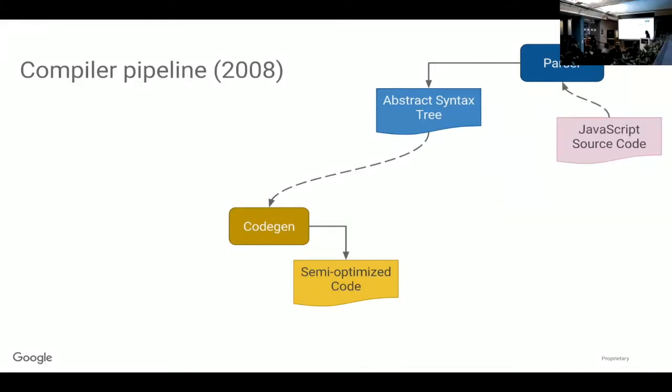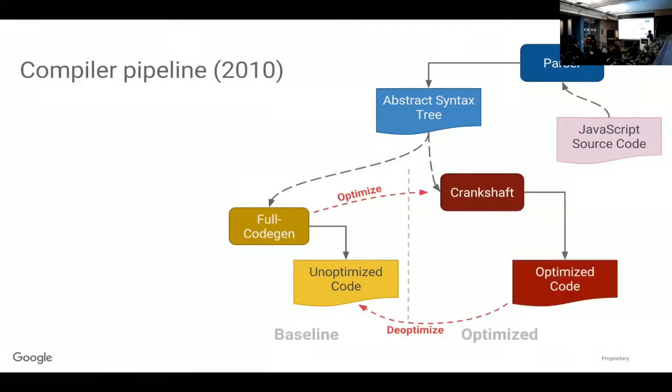And the abstract syntax tree goes into a module called CodeGen, and it created semi-optimized code. It creates real machine code. That was 2008. In 2010, they thought about how they could optimize the machine code generated from JavaScript.